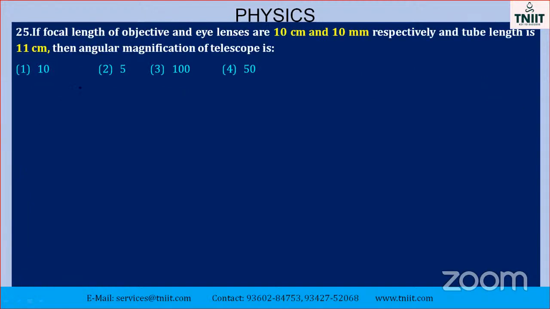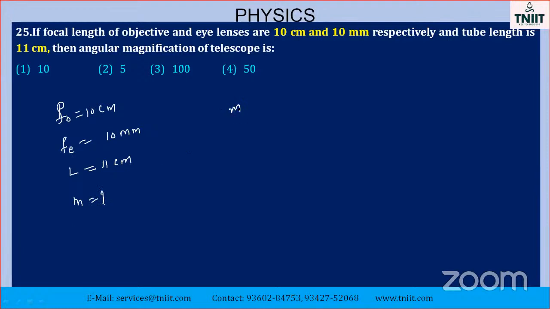Focal length of the objective lens is 10 centimeter and focal length of the eyepiece is 10 millimeter. Now they are asking to find the tube length. Actually, tube length is 11 centimeter, that is directly given. Now they are asking you to find the magnification of the telescope.